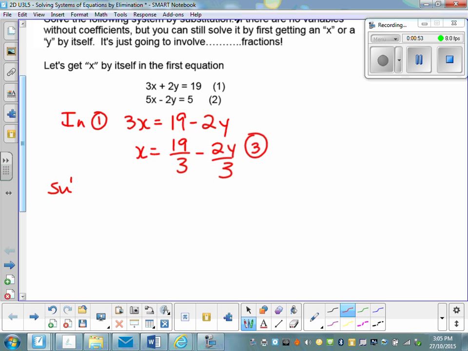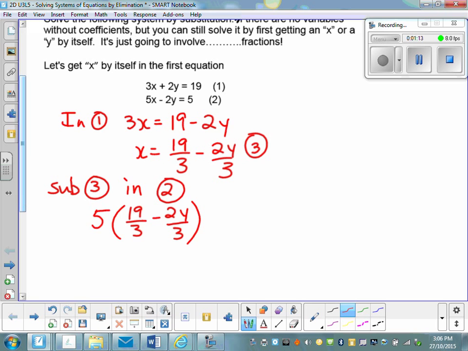And now we're going to sub equation 3 into the other equation we haven't used yet, which is equation 2. So I'm going to put 19 over 3 minus 2y over 3 in place of the x. And then we have minus 2y equals 5.